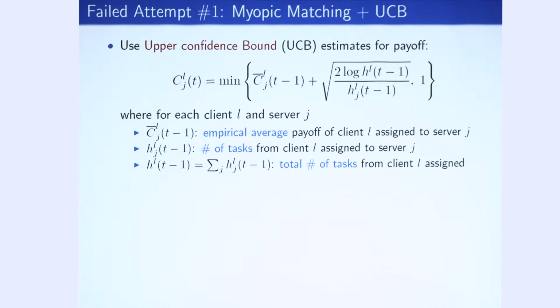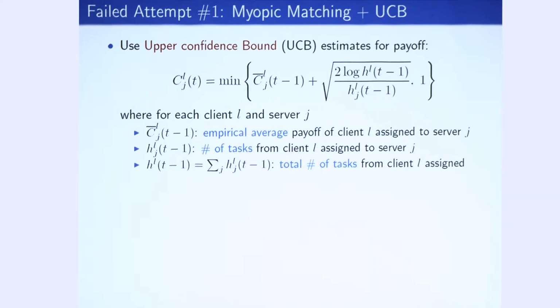You add this adjustment term to make sure that the UCB estimator is always above the true payoff. That is why it's called upper confidence bound. And since the true payoff is always below 1, we truncate it at 1. Okay, so that is the UCB estimator.